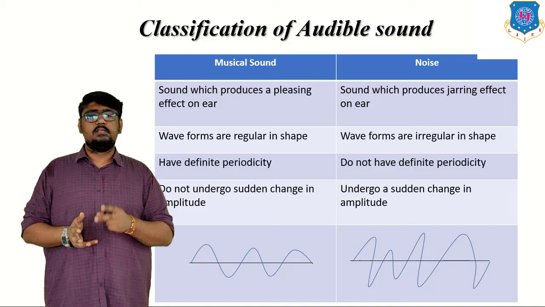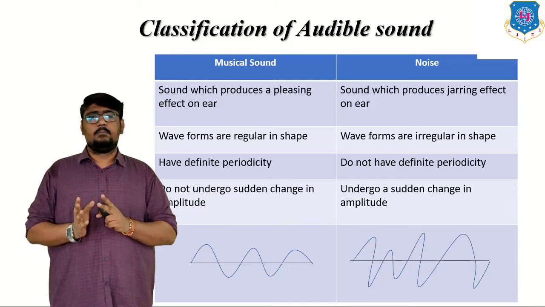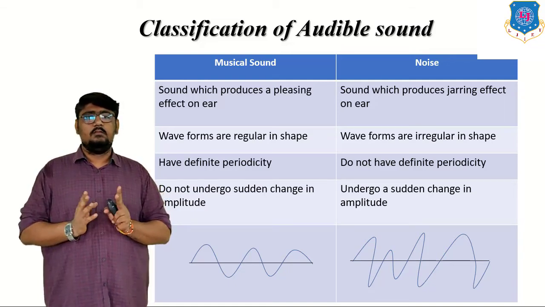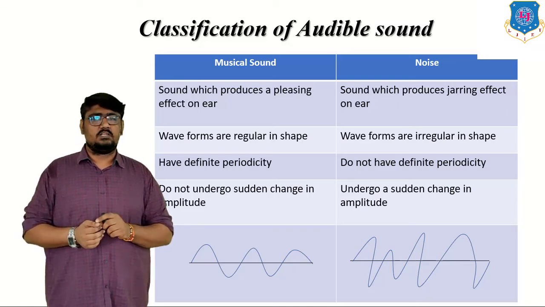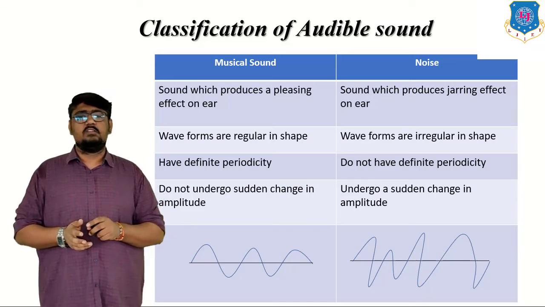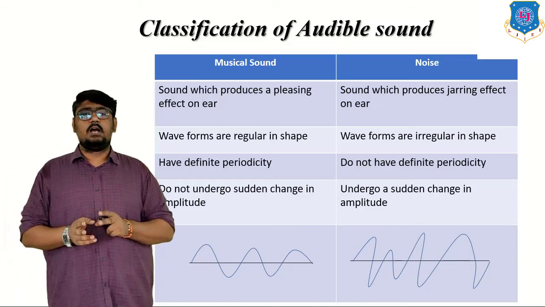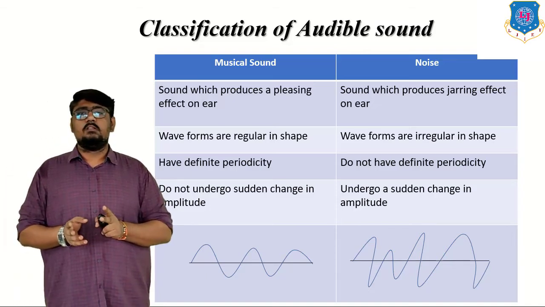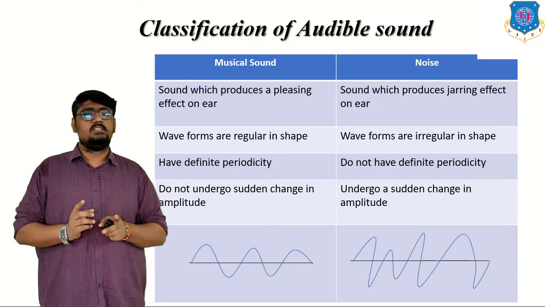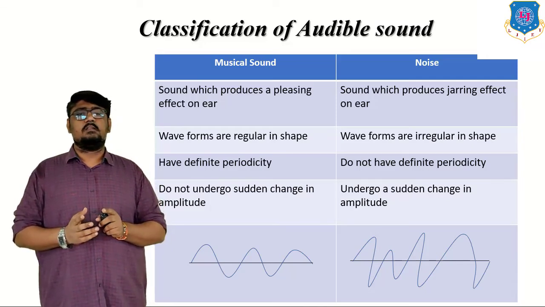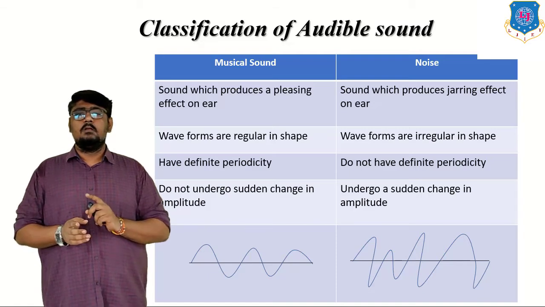As we know, musical sound produces a pleasing effect on the human ear, while noise produces a jarring effect on the human ear. That is the first difference. The second difference is that for musical sound the waveforms are regular in shape, whereas for noise the waveforms are irregular in shape.